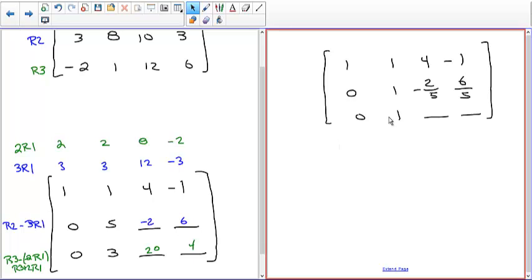If I want to get a 1 in this location, I do the same thing. Here I divided by 5. Here I divided by 3. So 3 divided by 3 is 1. 10 divided by 3 is 10/3. And 4 divided by 3 is 4/3. So that's the final answer.